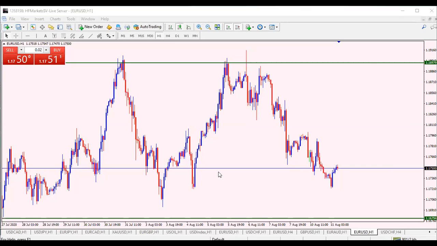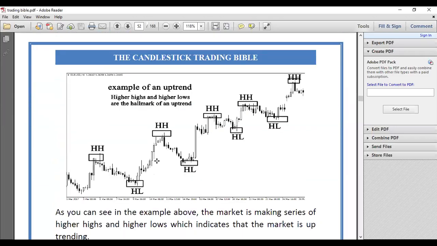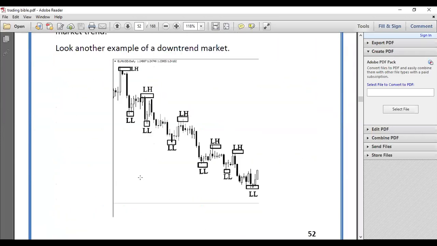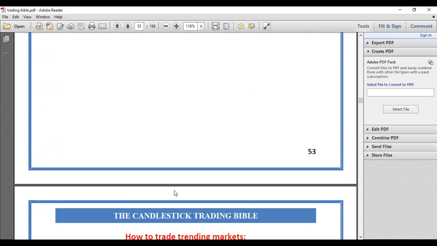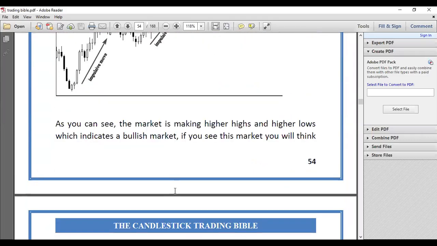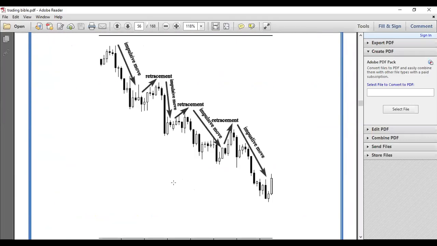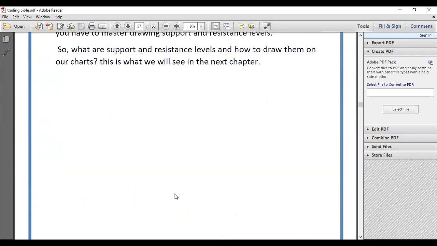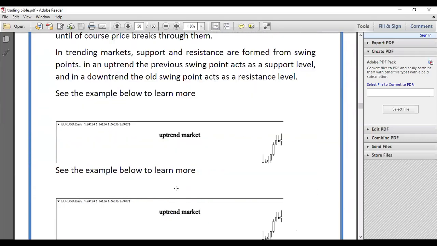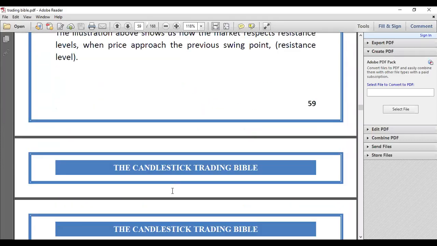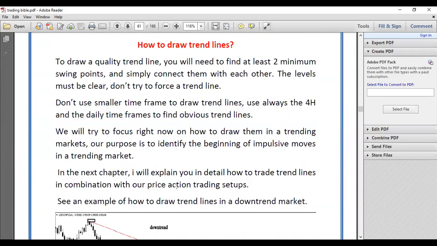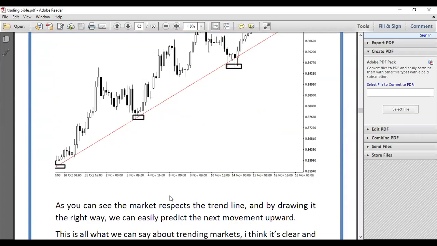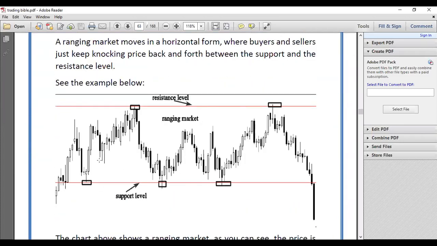You can see that it's a trending market, bought, sold, bought. You can see that this is a down trending market. So this is a ranging market.